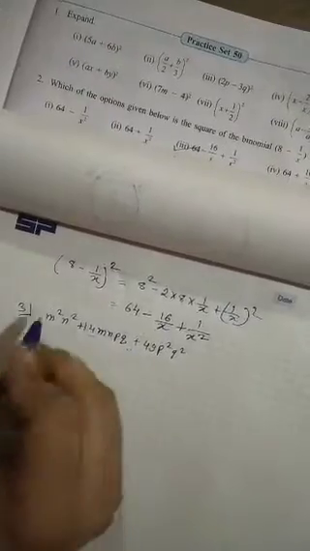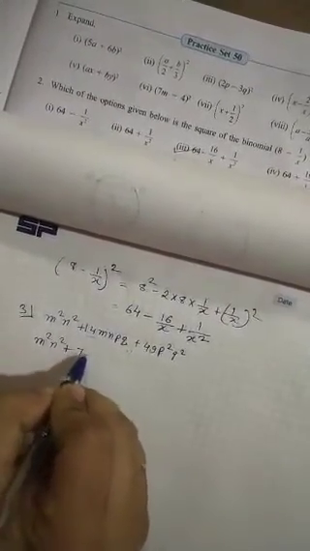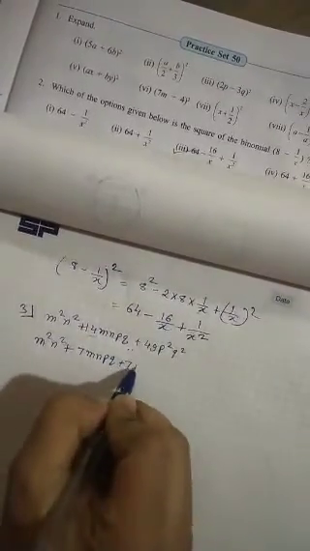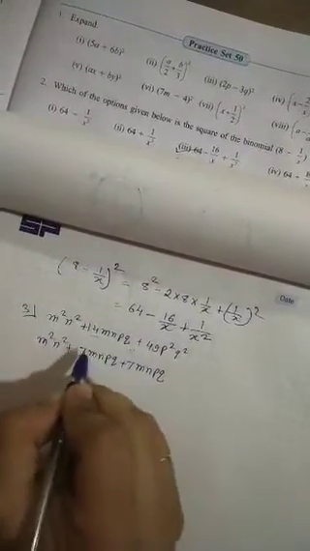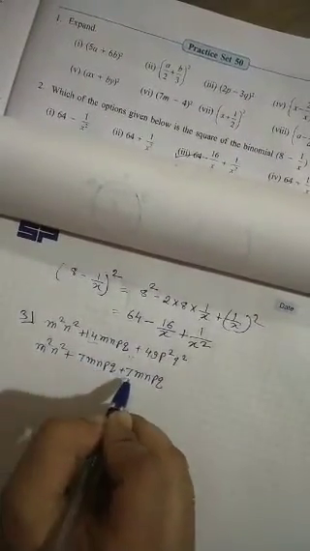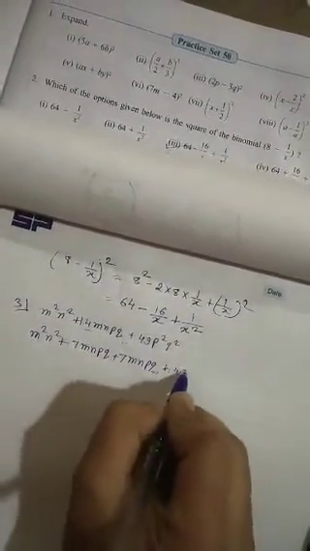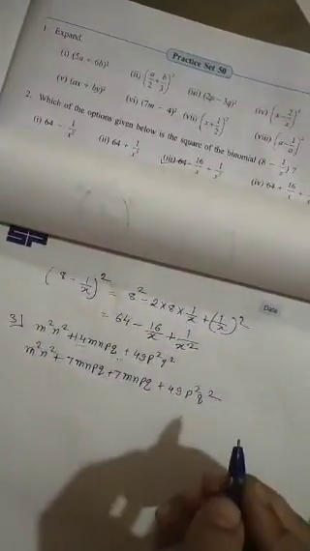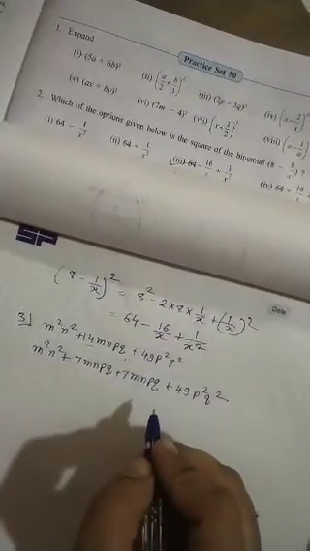We'll split it: m square n square, then 14 can be written as 7 plus 7. 7 mn pq plus 7 mn pq is 14 mn pq. Then this is 49 p square q square. Okay, now this is given to you.